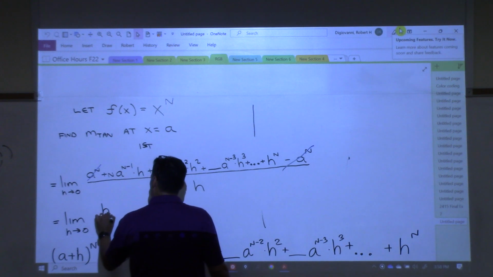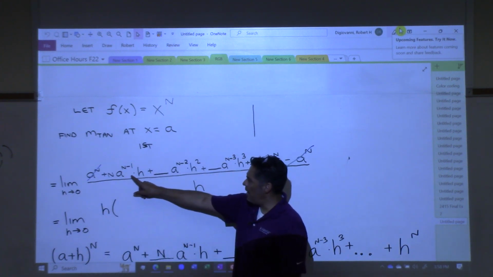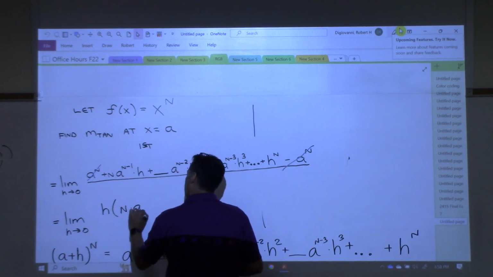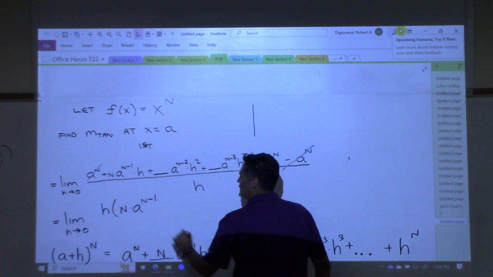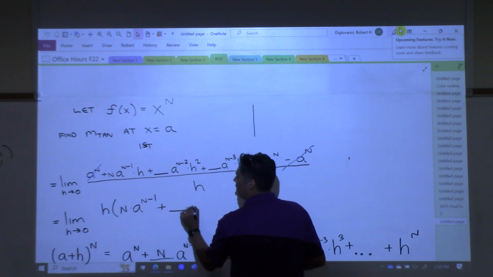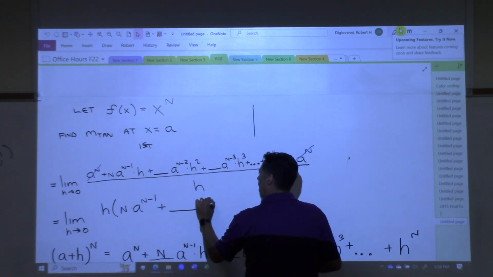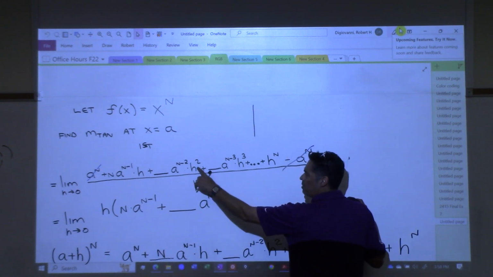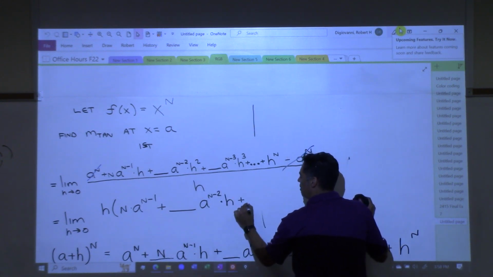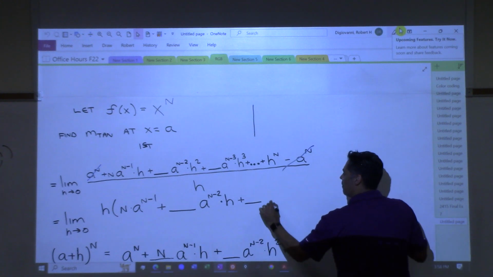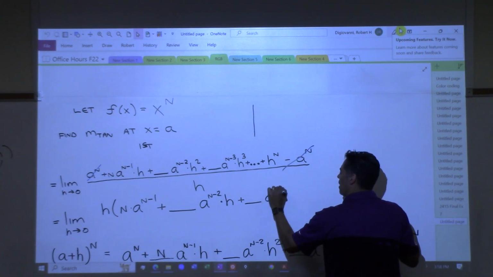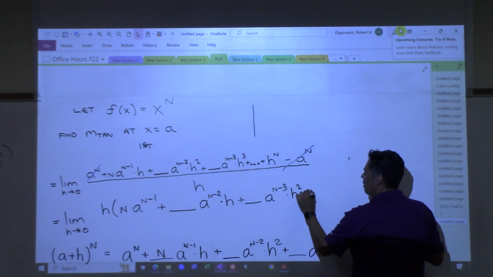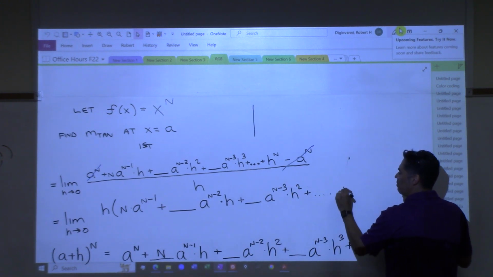If I pull the h out, let's see what happens. If I pull h from here, what am I left with? N times a to the n minus 1, plus some number I don't know, a to the n minus 2 times h, because I pulled one of those h's, plus some number I don't know, a to the n minus 3 h squared, plus dot, dot, dot.